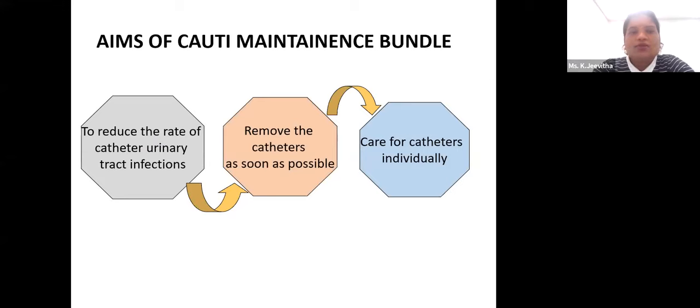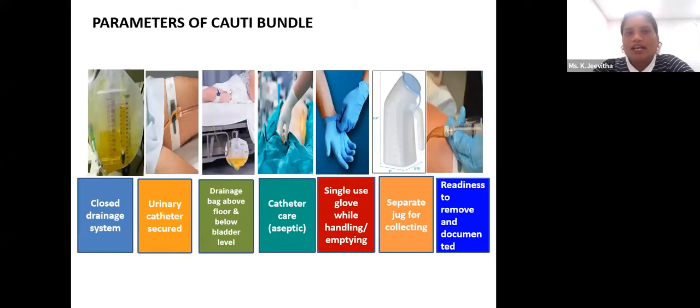So mainly, catheter infections will be reduced, and whenever you are following the parameters in the bundle, you need to always use a closed drainage system. And the catheter should be properly secured, and make sure that the urinary bag is always below the bladder level, not above.